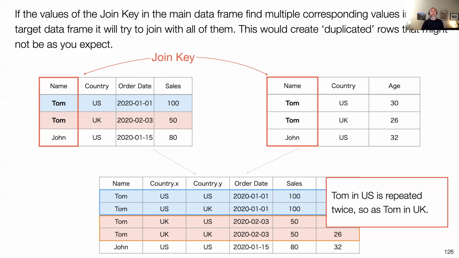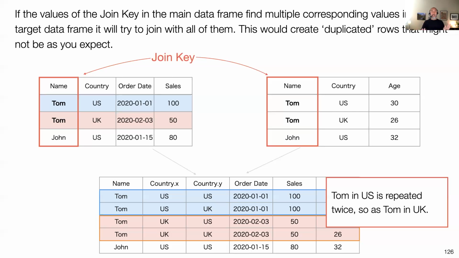What's going to happen with this data is that you end up with duplicated rows. Notice that Tom in the blue highlight on the left-hand side, and then there's another Tom in the red highlight. They're actually different Toms. One is from US, one is from UK. And on the right-hand side too, there's a Tom from US and a Tom from UK.